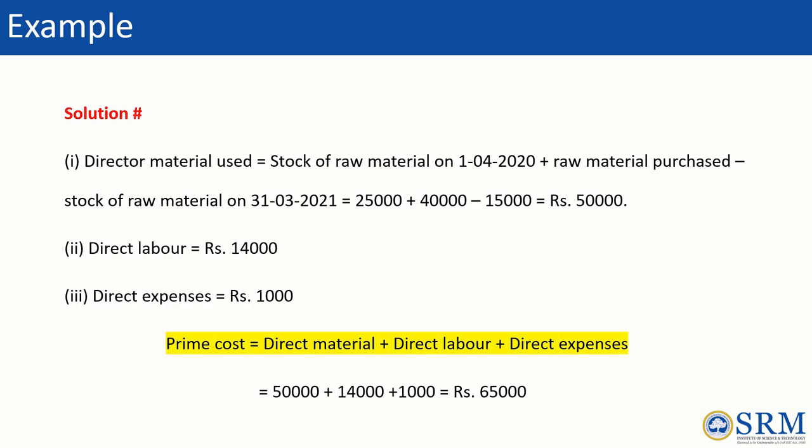So direct material used is equal to 50,000. Now we can easily calculate the prime cost by aggregating our direct material cost, direct labor and direct expenses. So direct labor is given as rupees 14,000 and direct expenses as rupees 1,000. So prime cost is equal to direct material plus direct labor plus direct expenses, which comes to rupees 65,000.